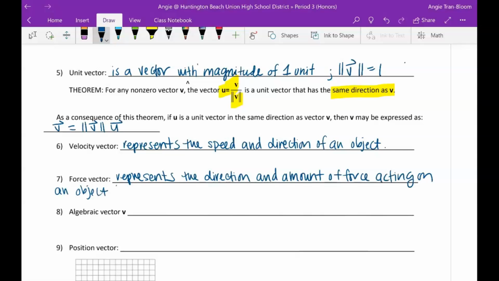If you think of force as like a strength of energy, so think of force as strength or energy.